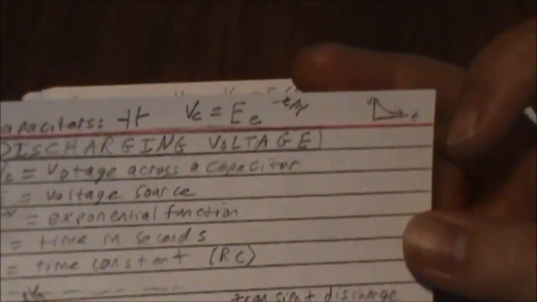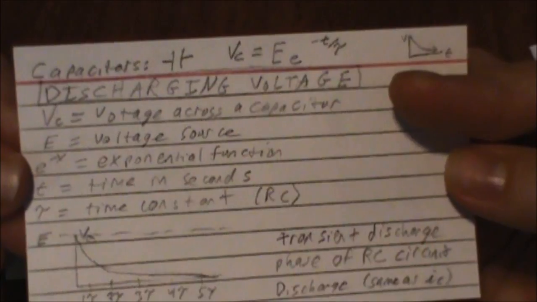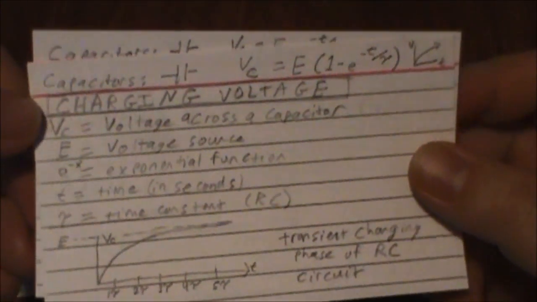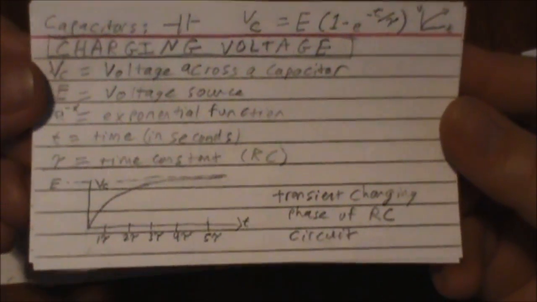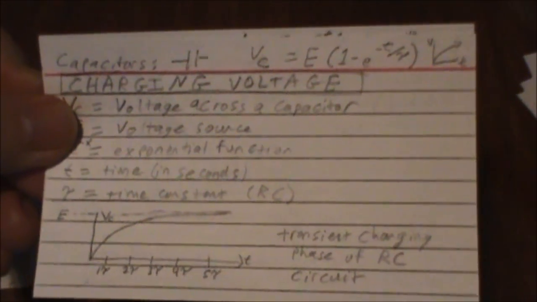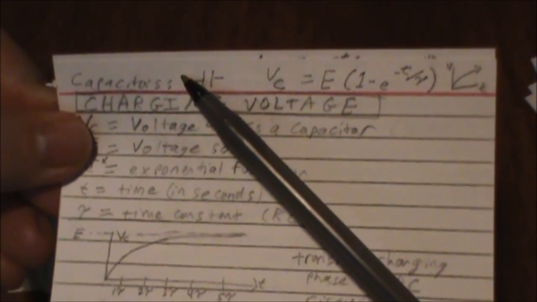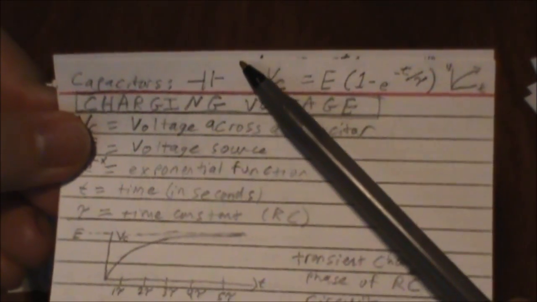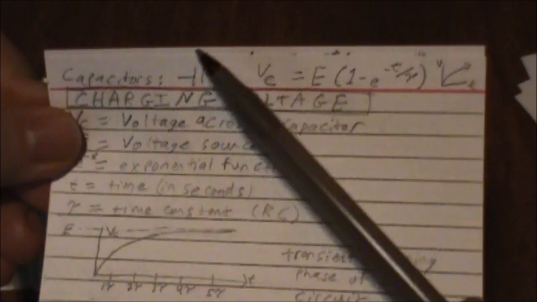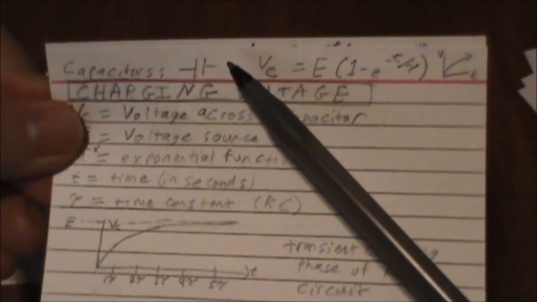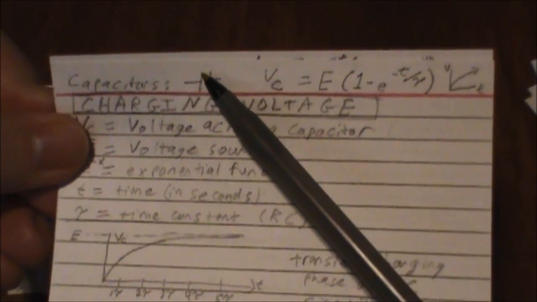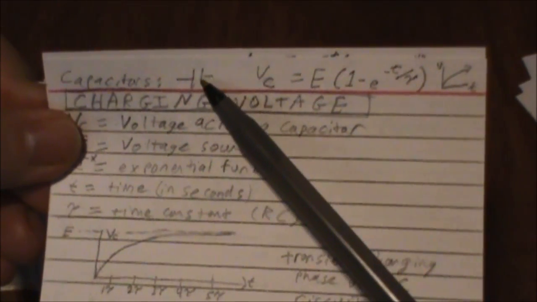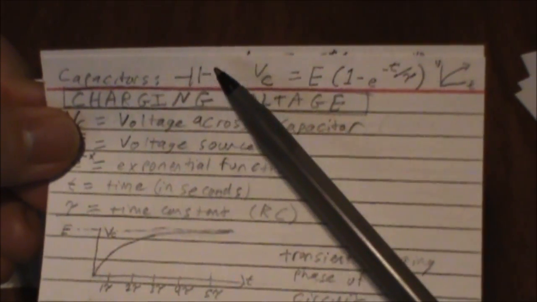The voltage of your capacitor, we'll actually start with charging voltage here. Capacitors are kind of the opposite of inductors. As you might tell from the schematic symbol, instead of just a wire coiled up with no break in it, meaning it's a short circuit to direct current, in a capacitor there's a plate, there's this empty space where the dielectric is.